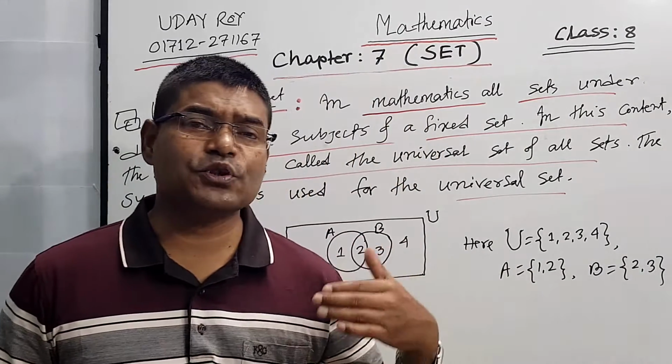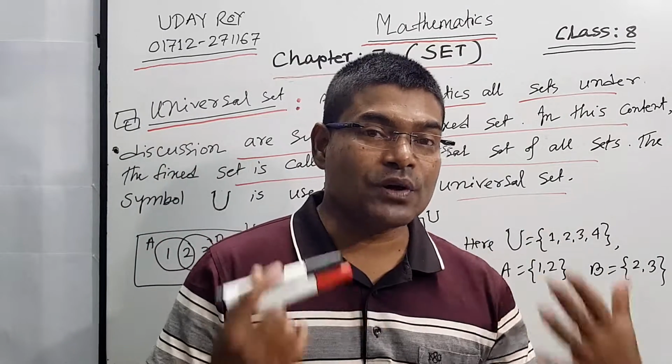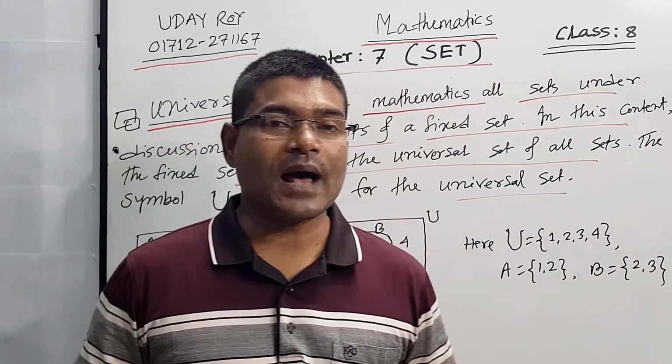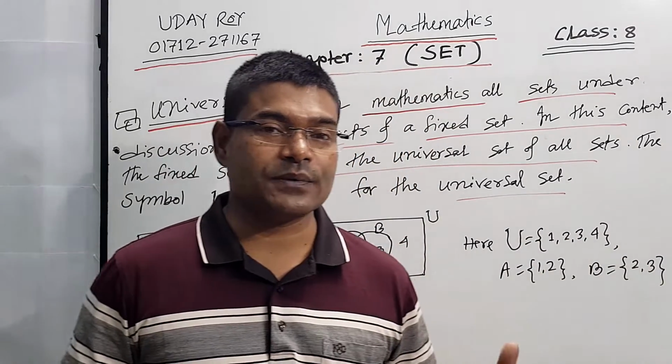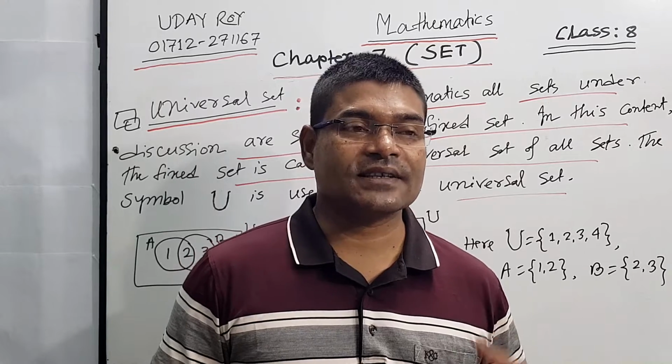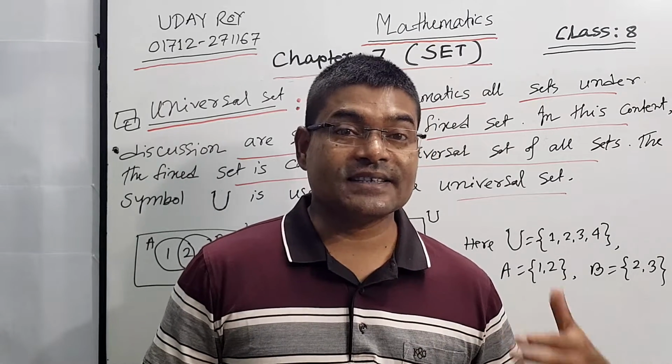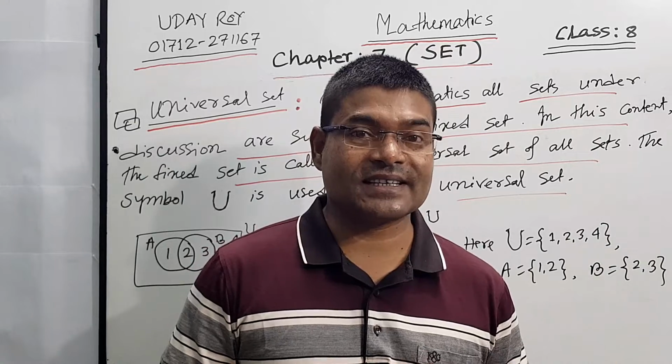Now we will have to know the union of sets and intersection of sets, and the complement of a set, and various types of notations and symbols used in this chapter related to sets.